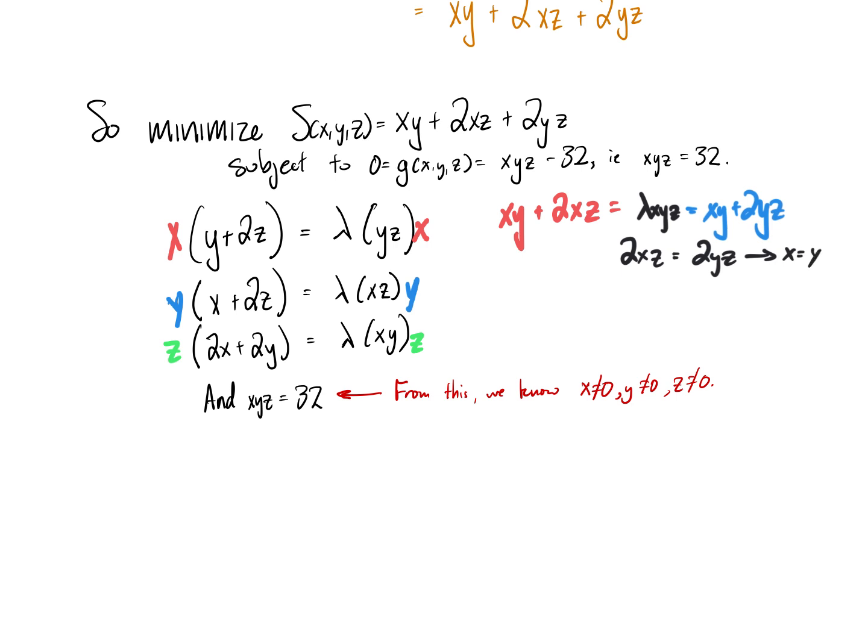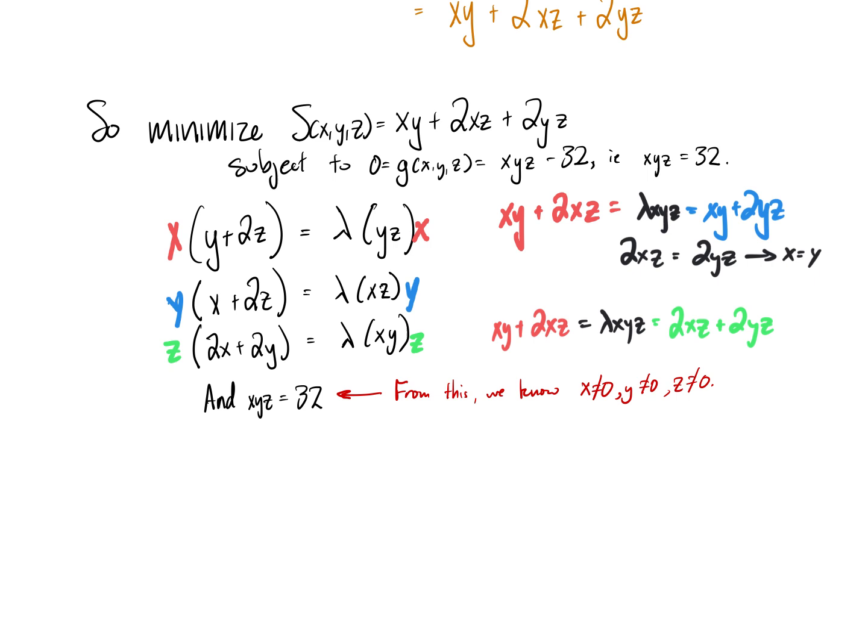Now, we can also do this with the first and the third equation. So let's do that. Remember, once we distributed the x on the first equation, on the left side we got xy plus 2xz, and on the right side that equaled lambda xyz. But that equals the right side of the third equation, which will equal, once we distribute the z, 2xz plus 2yz.